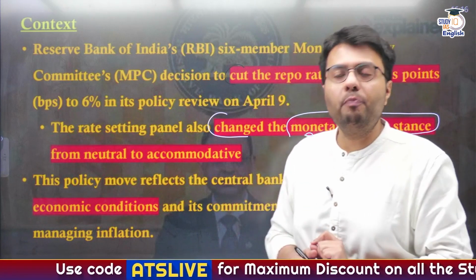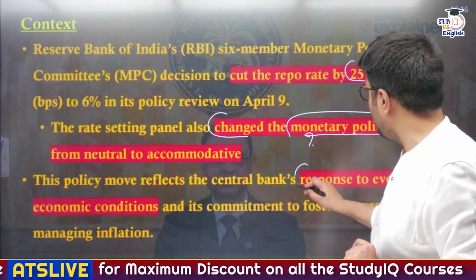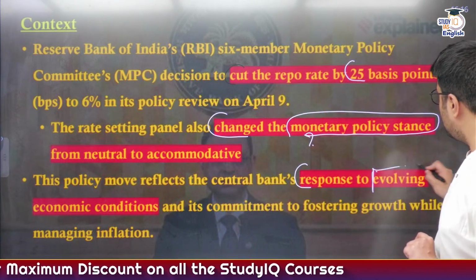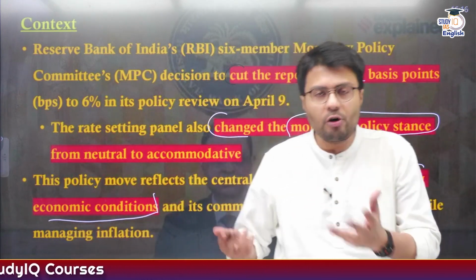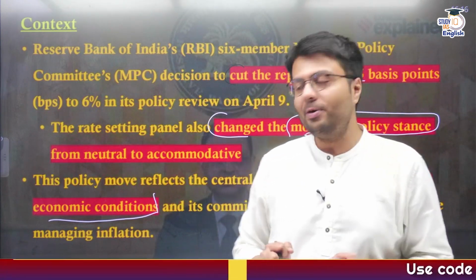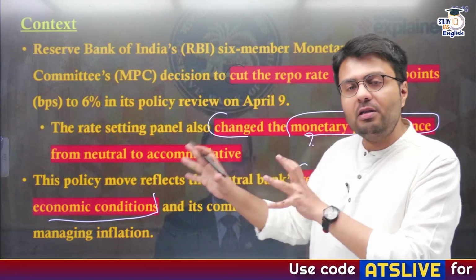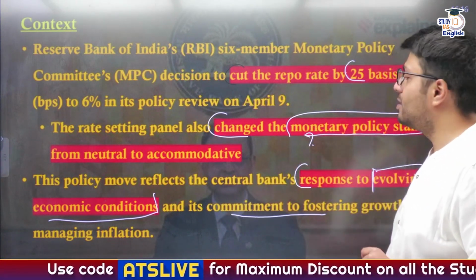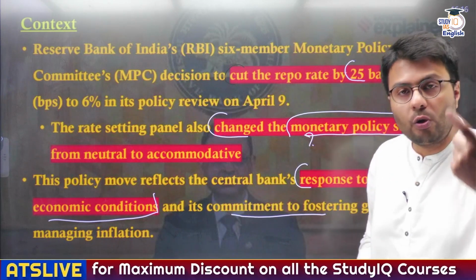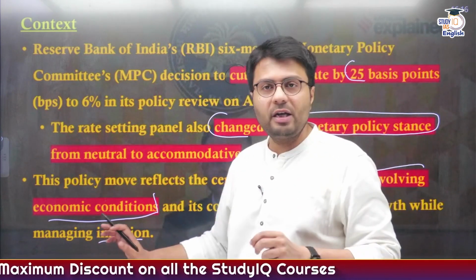Now, this policy move by RBI reflects the central bank's response to what is known as evolving economic conditions. What are these evolving economic conditions? I'll tell you in our today's discussion. Based on these evolving economic conditions, RBI has fostered its commitment towards promoting growth while successfully managing inflation.